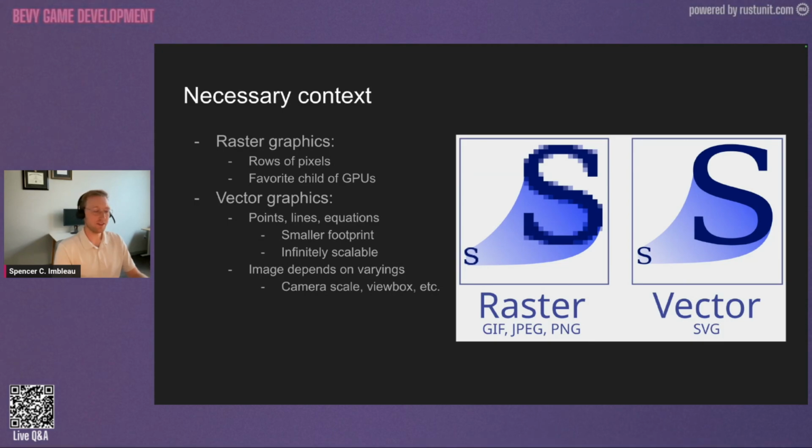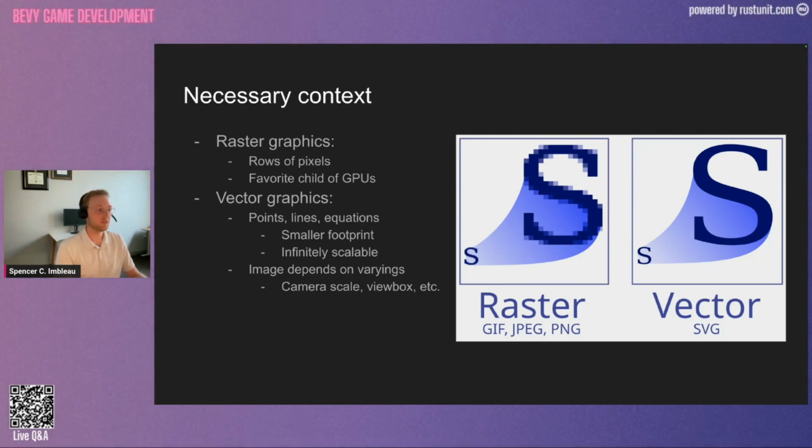Vector graphics, on the other hand, are images that are encoded with points, lines, and equations. So it's an implicit encoding. Because of that, there's less data in the file. It often has a much smaller footprint and is better for networking, and it's infinitely scalable. So you don't have the same jagged edges that you would get whenever you try and upscale a raster and you see all the pixels.